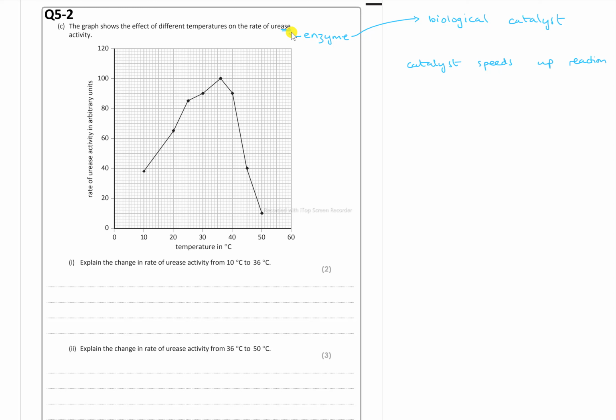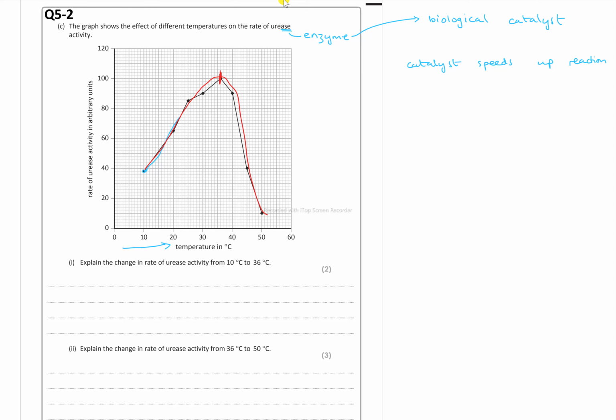Have you noticed as the temperature goes up, it starts off slow, goes up, hits a peak, and then it goes down.